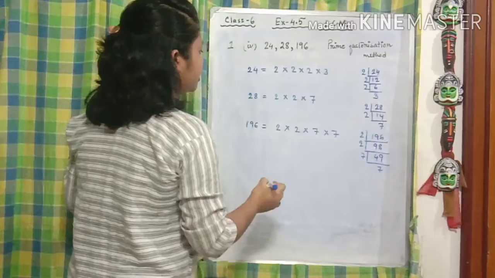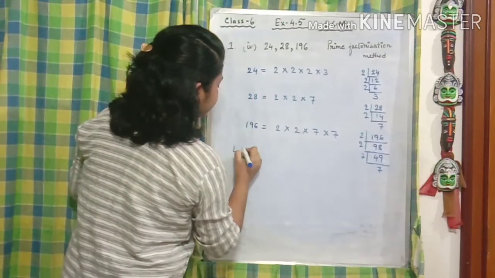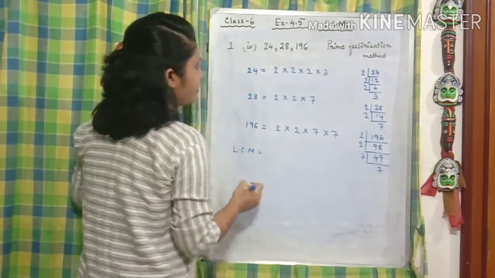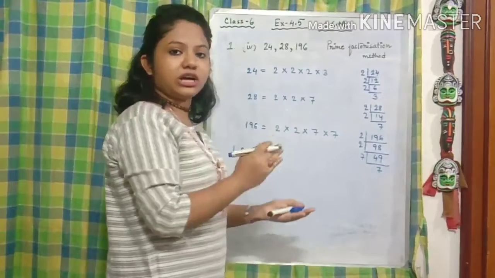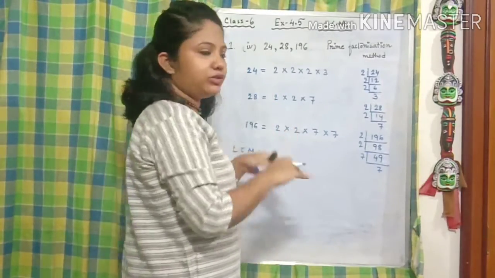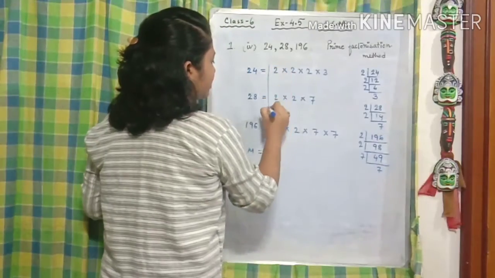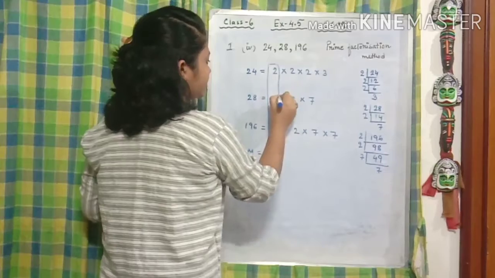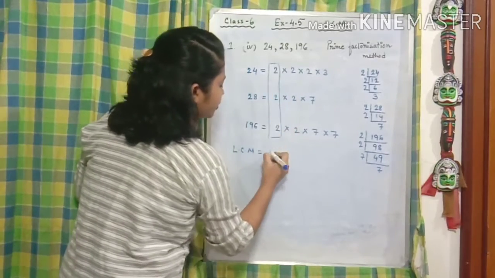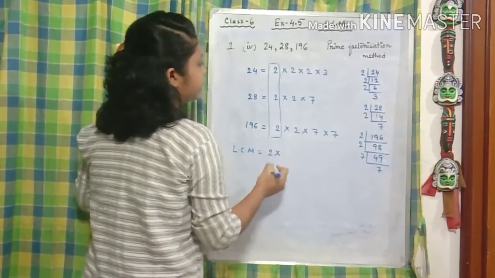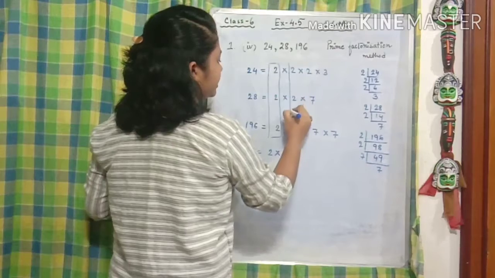Now while taking the LCM, how are we going to take? First we are going to find out which are totally common between the three numbers. So the first one is 2. We are going to take 1, 2 from this set. Then once again there is another set of 2.